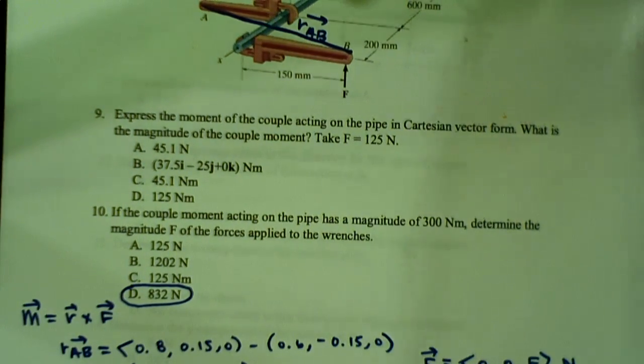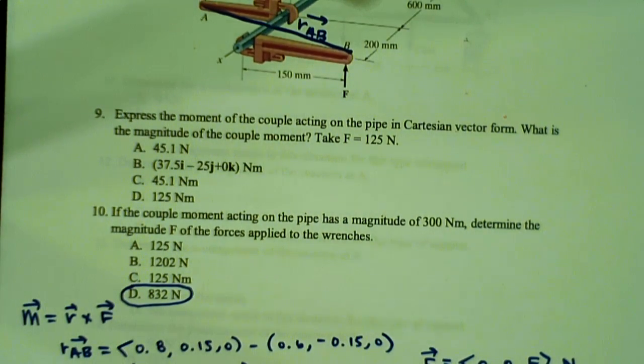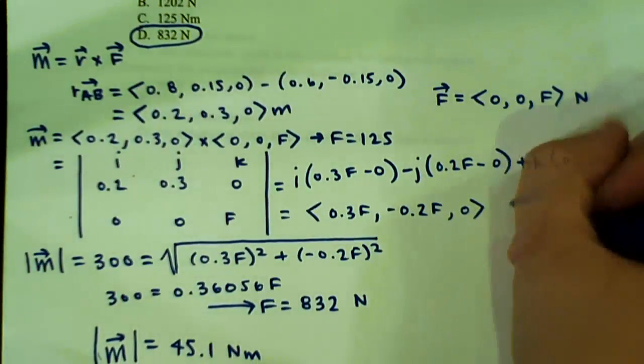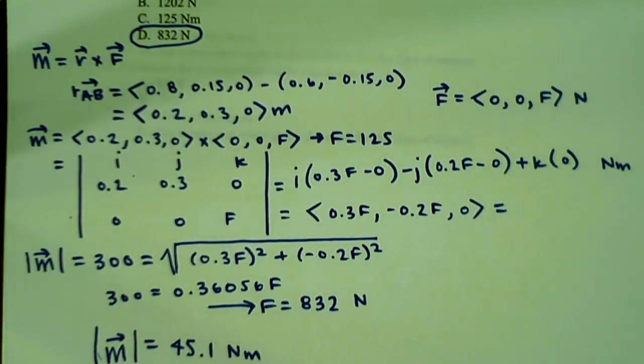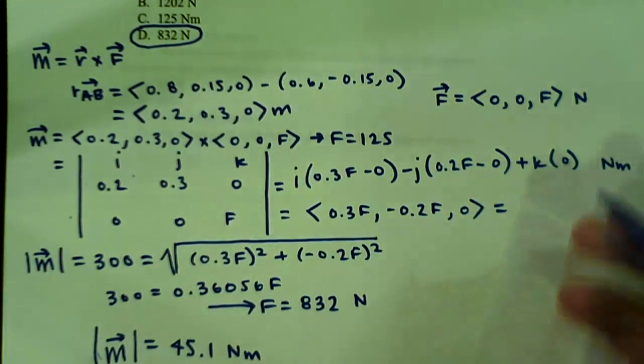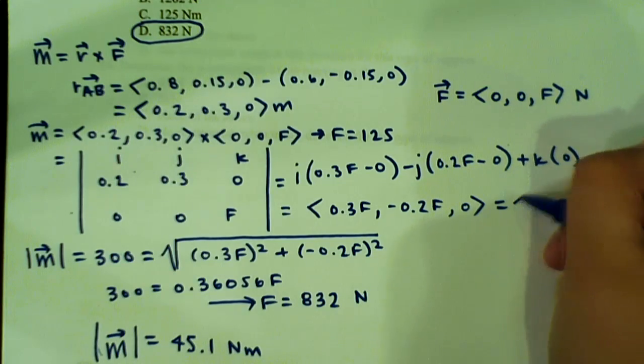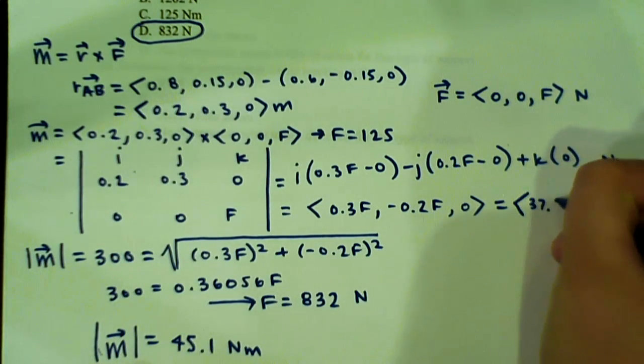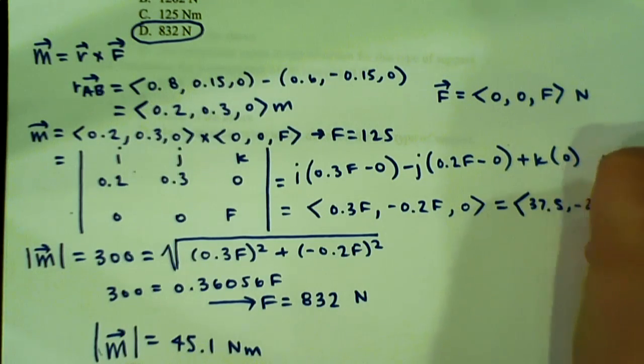Yeah, Cartesian vector. So if we want it in vector form, we would just have to plug in what F is here. But if it asks for the magnitude, then you just solve for the magnitude. If you wanted to find the vector, it would be 37.5, negative 25, and 0.